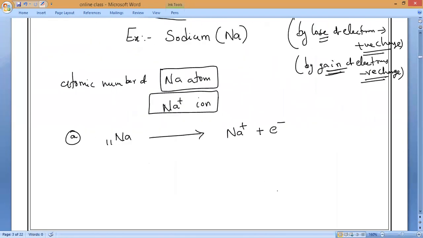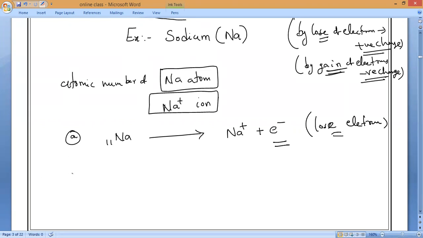I am writing the electron on the product side, so it is loss of electron. If I write the same electron on the reactant side, it is addition of electron. Since it is coming on the product side, it is loss of electron.